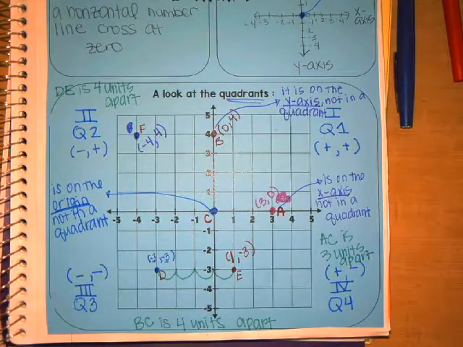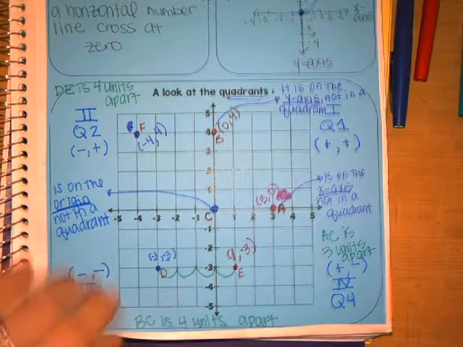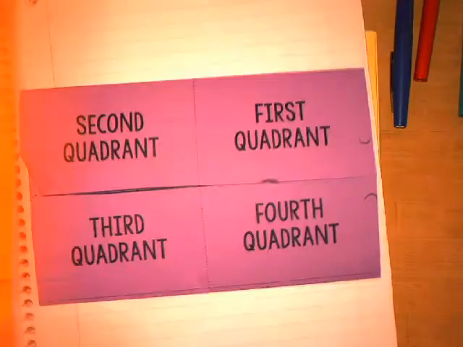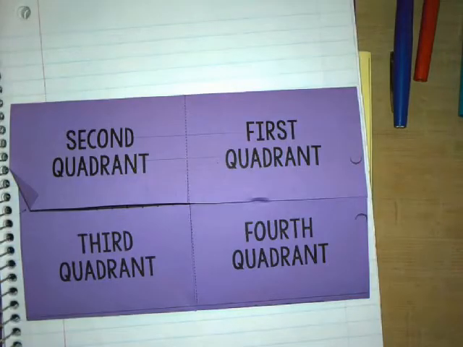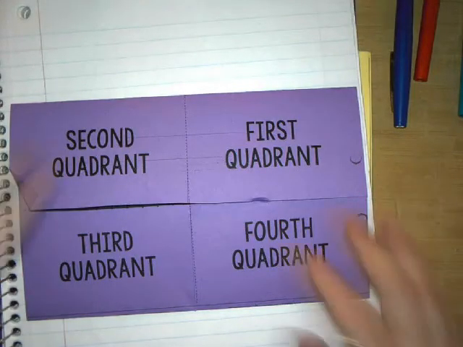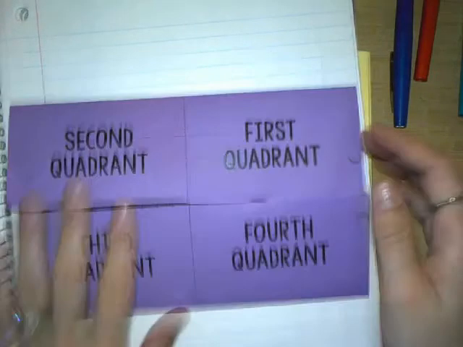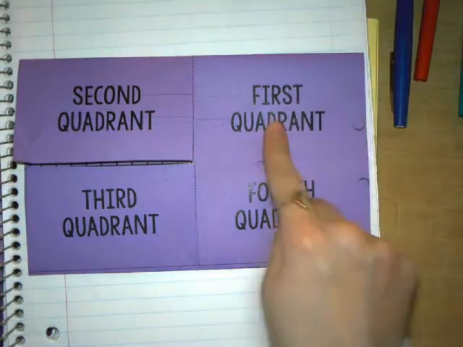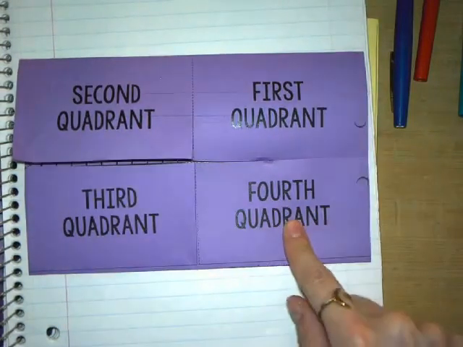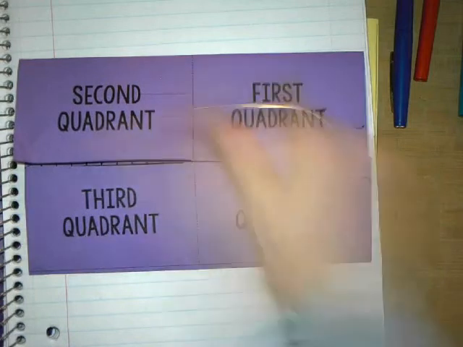Yeah. All right. Let's go to the last page that we haven't done yet, just for some more practice. Okay, so we have our first quadrant, second quadrant, third quadrant, and fourth quadrant. Those quadrants need to be memorized.